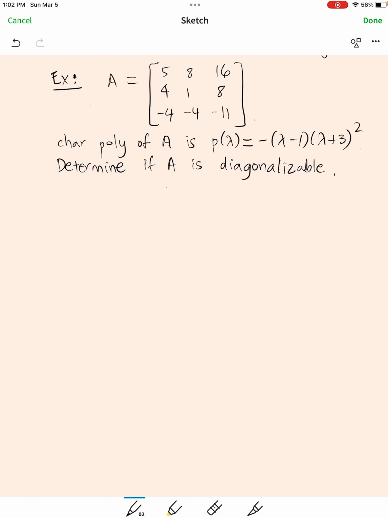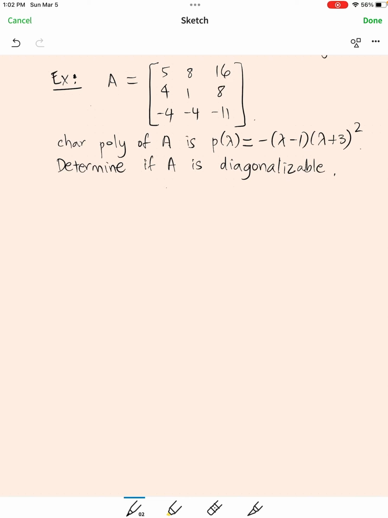Right? So in general, the eigenvalues change when you do row reduction. So yeah. Okay. So anyway, going back to determining whether this matrix is diagonalizable.